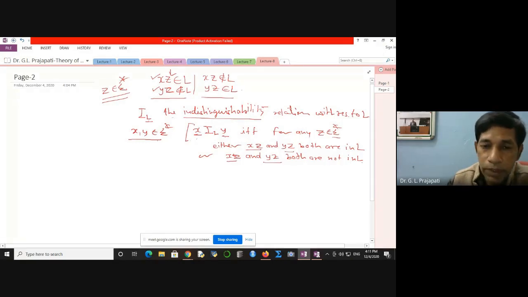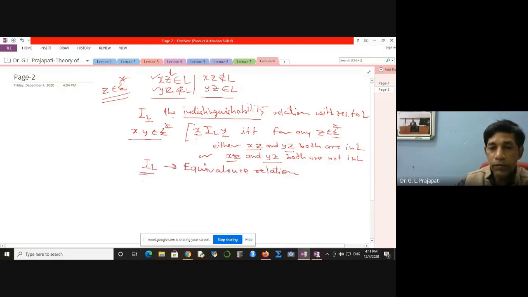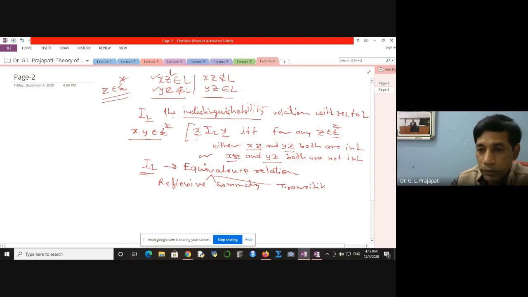So you can easily identify that the relation IL is an equivalence relation. Why is it? What are the conditions of an equivalence relation? It must be reflexive, it should be symmetric also, and it should have the transitivity property.